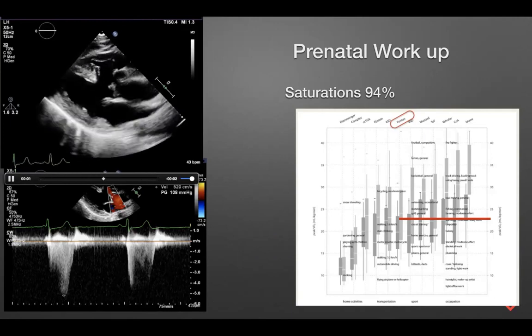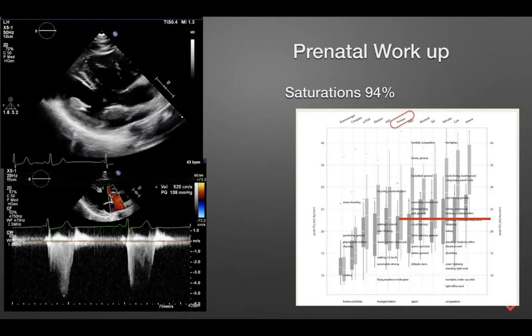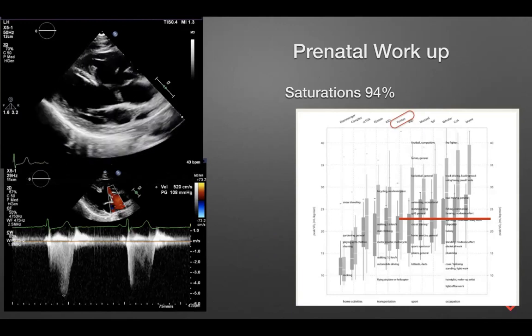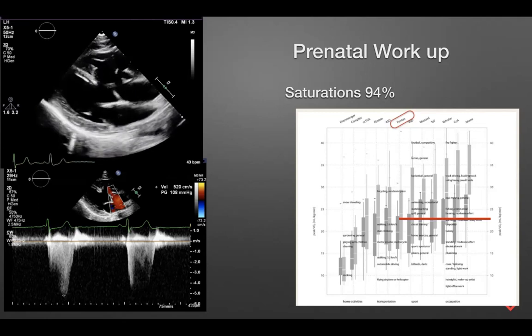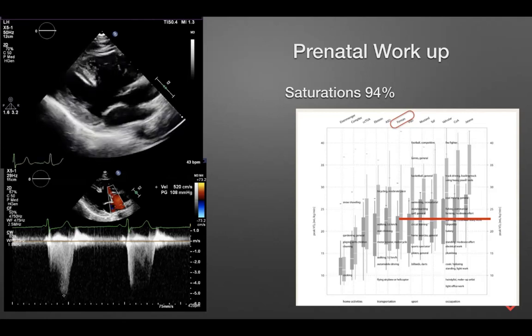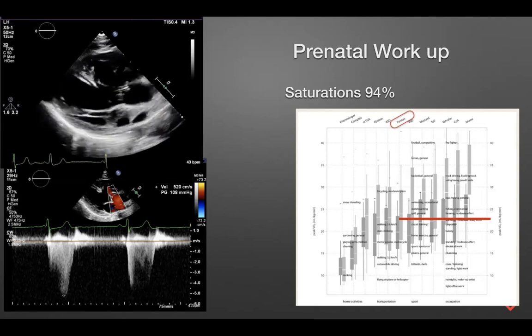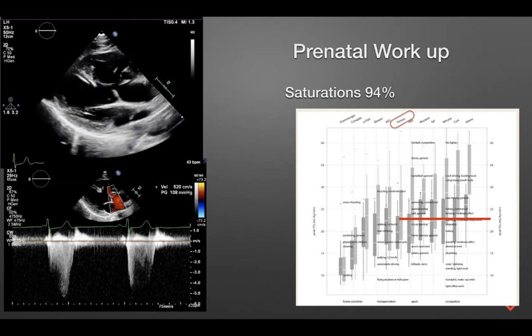When you are looking at the Doppler through the AV valves, this patient has, I guess you could call it, tricuspid regurgitation, which is important to recognize as systemic regurgitation. So the peak velocity here is 5.2 meters per second and 108 millimeters of mercury. Remember, this is not a reflection of pulmonary artery pressures. It is a reflection of systemic pressures.